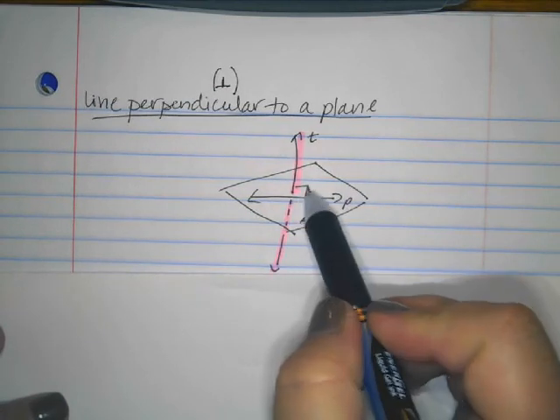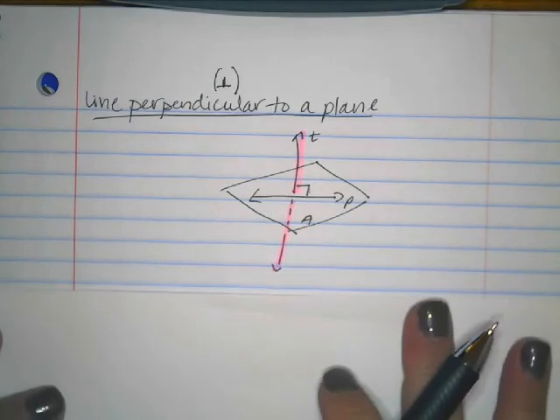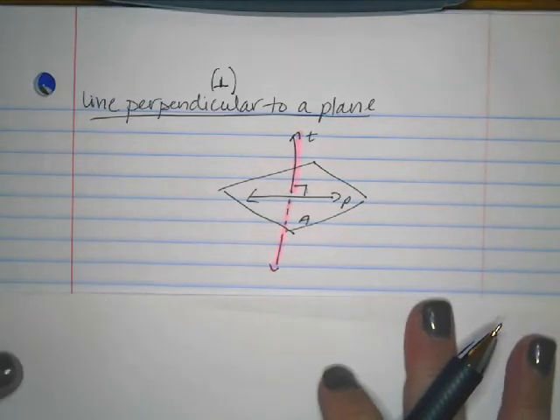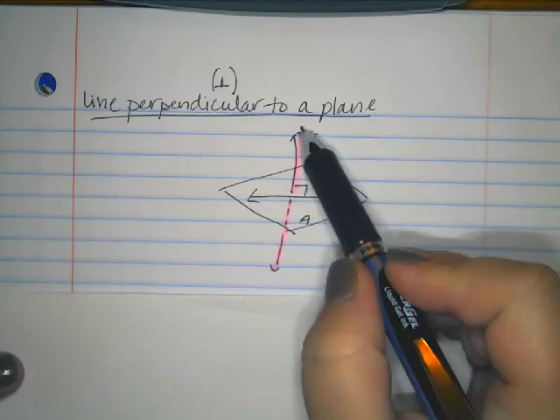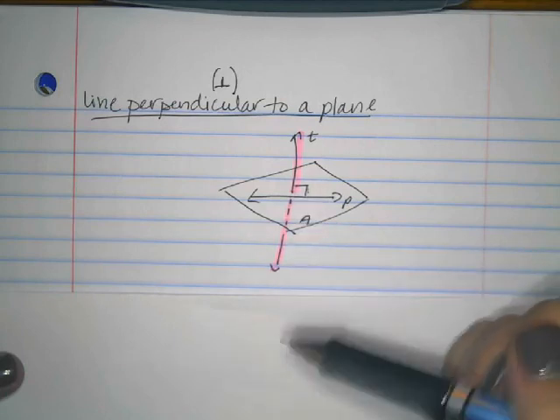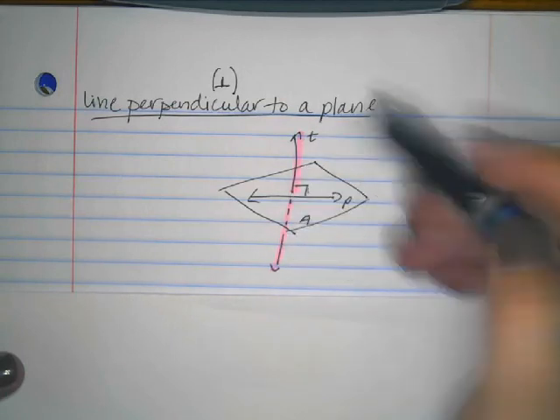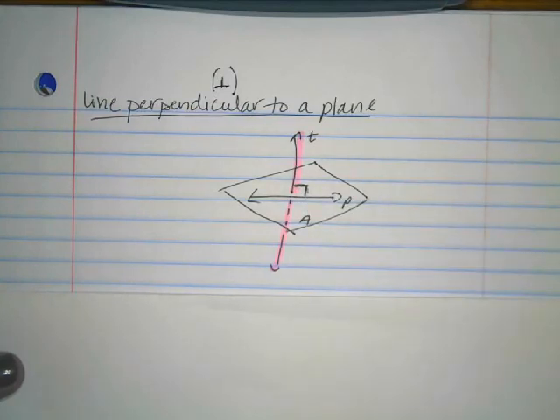I marked perpendicular with this little right angle. They just wanted you to be aware of what that looks like. I know my drawing isn't perfect here, but I have a little piece of paper and I have an arrow coming right straight up and straight down from it. This line is perpendicular to the plane because I have that little marking right there, making that right angle.